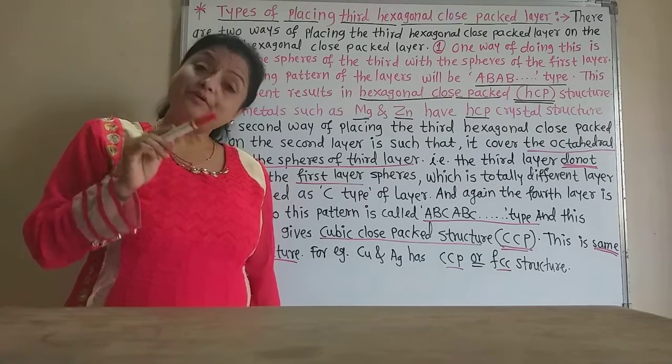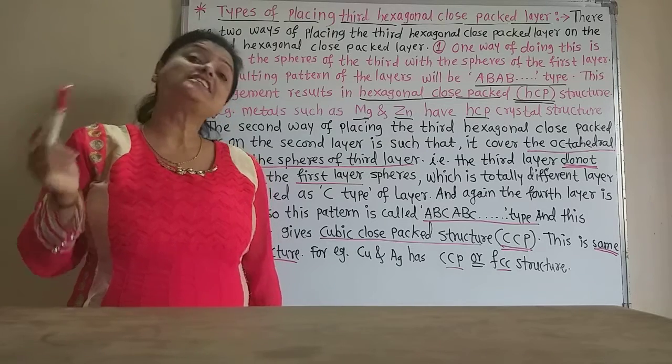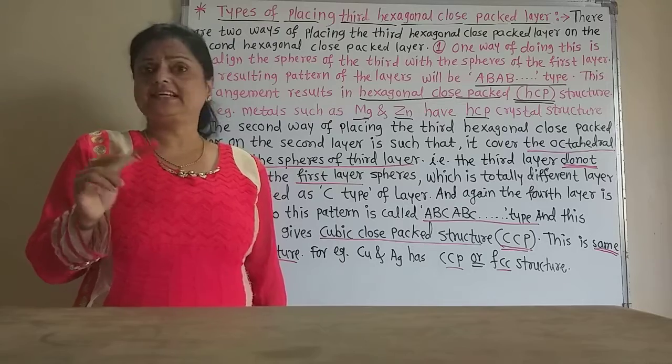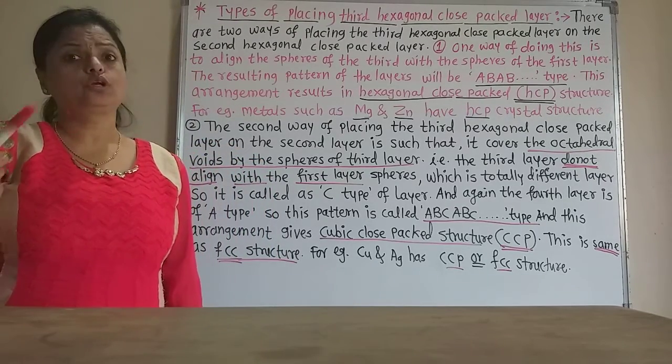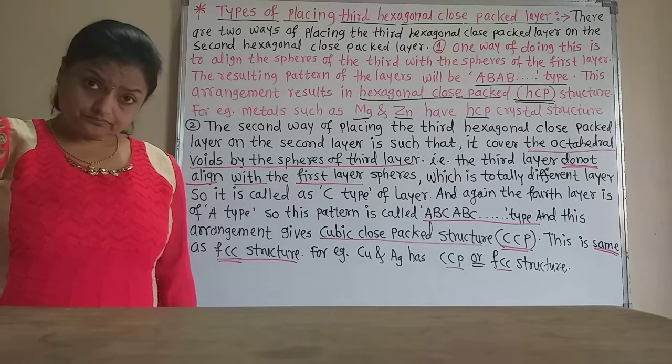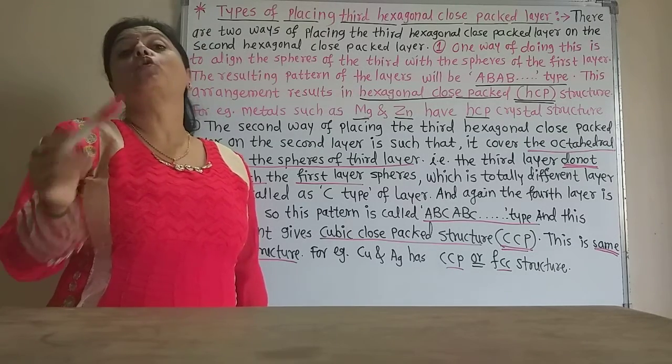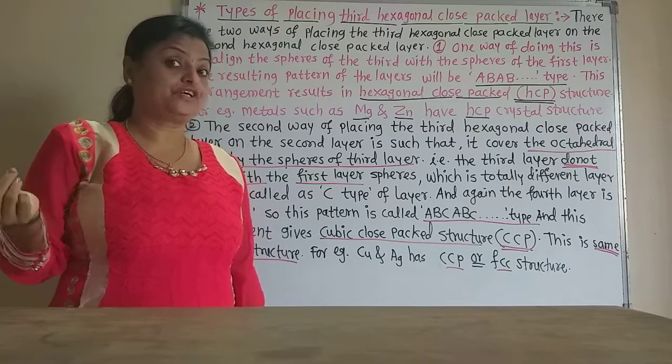That means the first layer and the third layer are the same, but the second layer is different. We know that the second layer is different in the hexagonal close pack. So, an AB type of pattern of the layers will be formed.